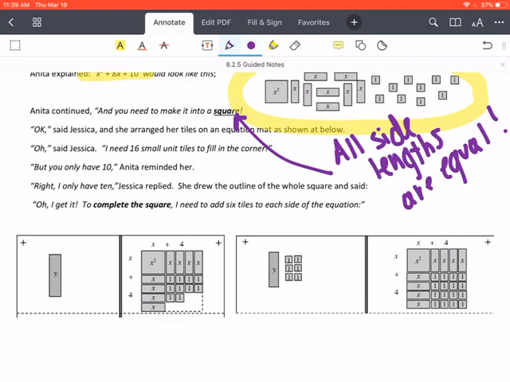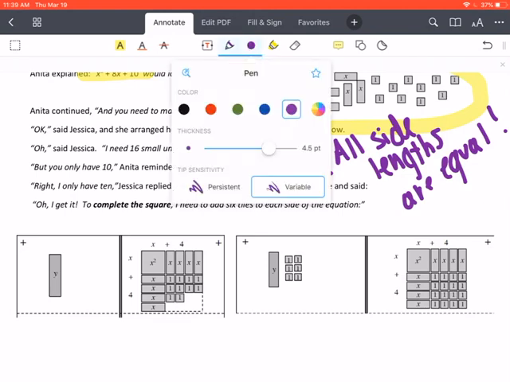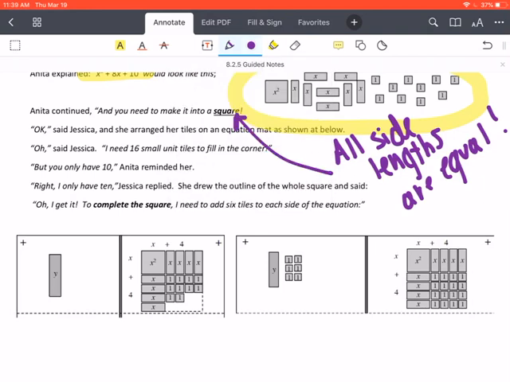So how is a square slightly different from a rectangle? It's different because a rectangle can have different lengths of the base and the height. However, a square has the same length of base and height. So if you look down at the diagrams, you can see that this is a square because the length and the width are both x plus 4.